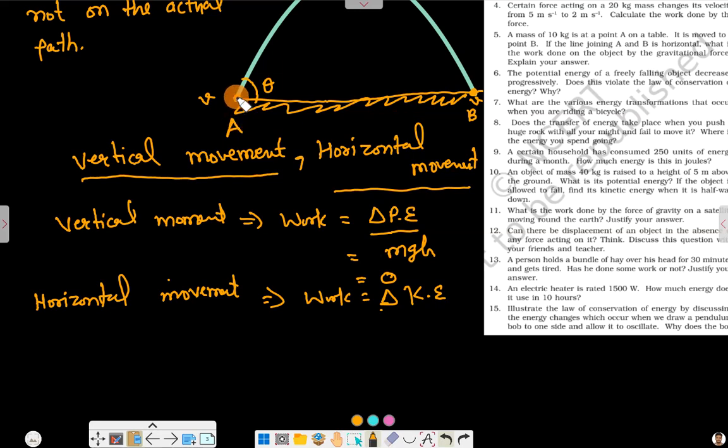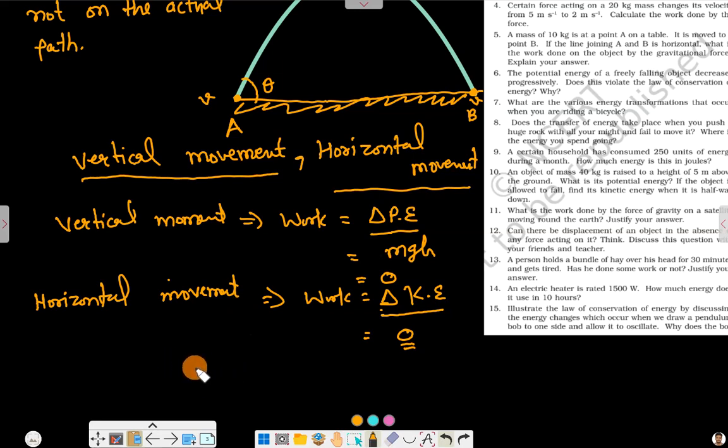Here the direction was upward from the ground, here the direction will be downward. But in kinetic energy we have a square, so direction does not matter. We just have to find the change in kinetic energy, and the kinetic energy at point A is the same as the kinetic energy at B. So the change in kinetic energy is also 0. So the work done due to both vertical and horizontal movement is 0.